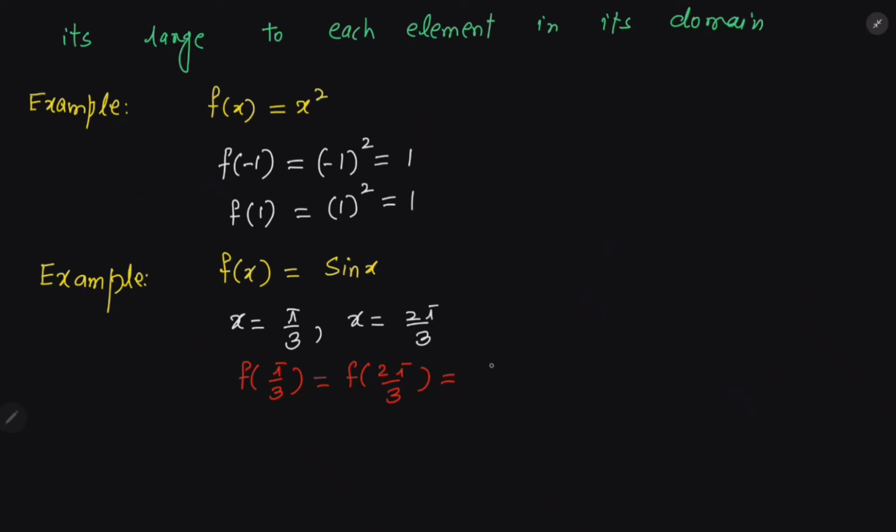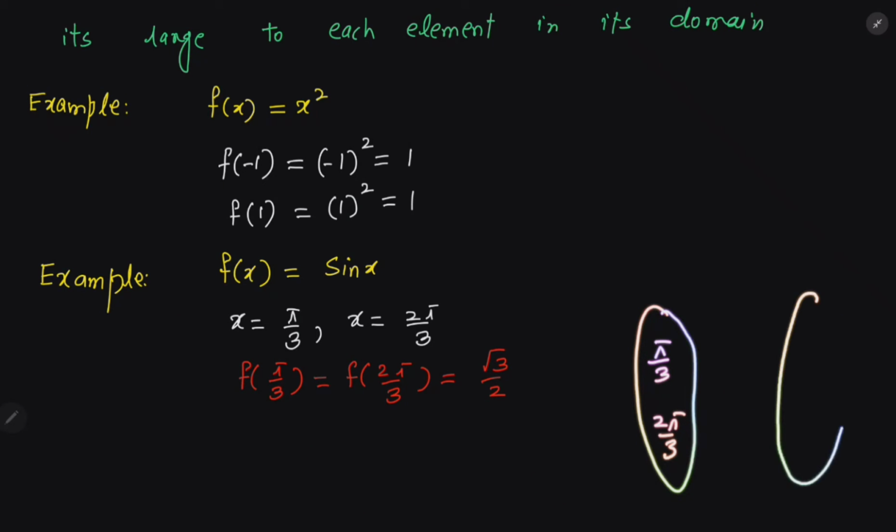It has the same value, which is root 3 by 2. You can check it yourself. The value for sine pi by 3 and sine 2 pi by 3 is the same. So it means that we have input value pi by 3, then we have another input value, and there is only one output value, which is root 3 by 2.